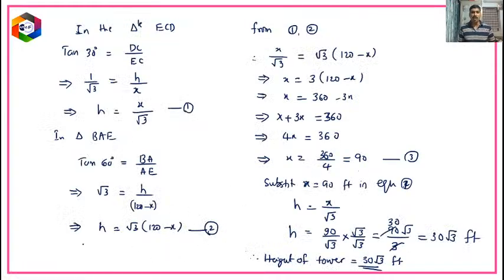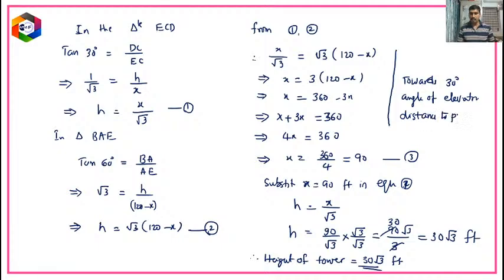That means towards the 30 degrees angle of elevation, the distance to the pole is equal to 90 feet.